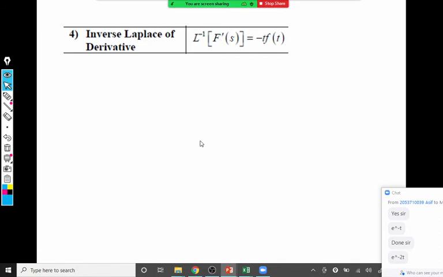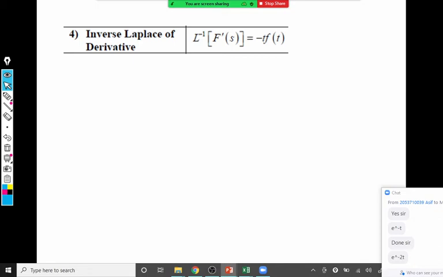So that was about the first two properties. In inverse Laplace, we hardly require more than three properties. The first two we have already seen, which are linearity and first shifting. Linearity and first shifting of inverse Laplace are important.